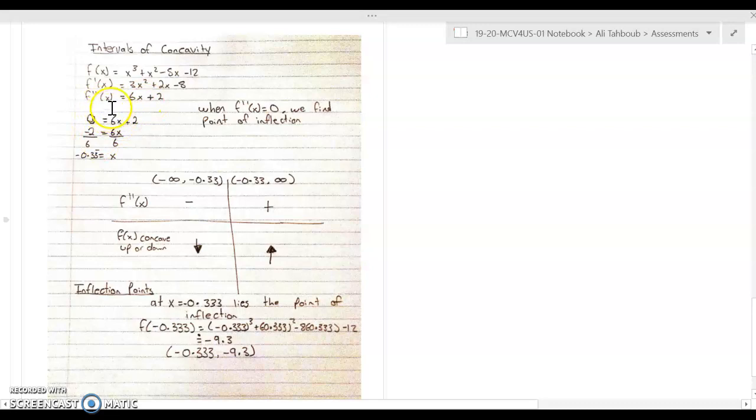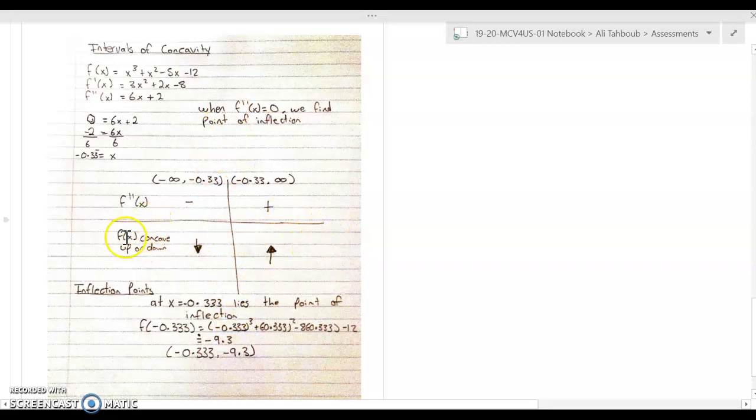So I made the second derivative equal to 0, and I solved for the x value, and the x value I got was -0.33, and this represents the x value of the point of inflection on the original graph.